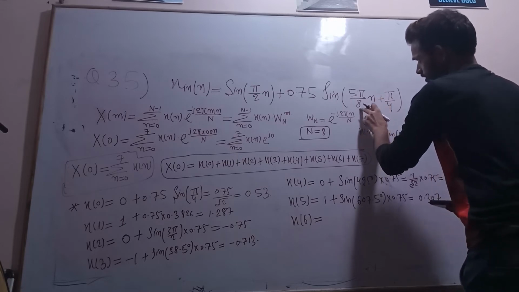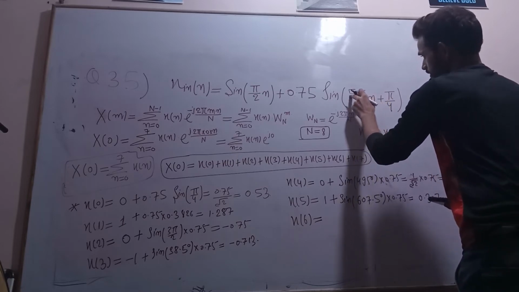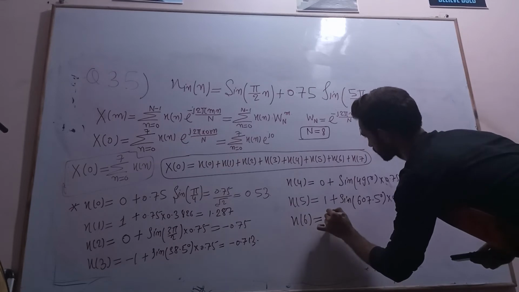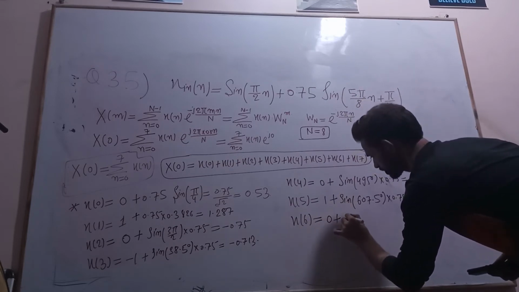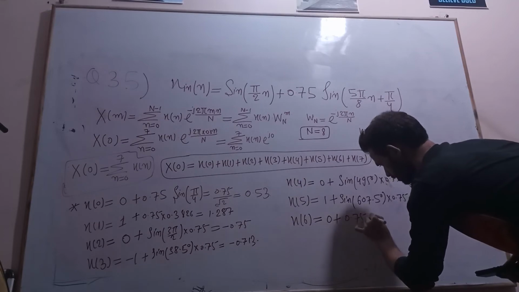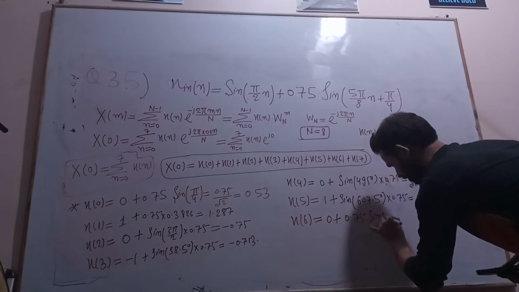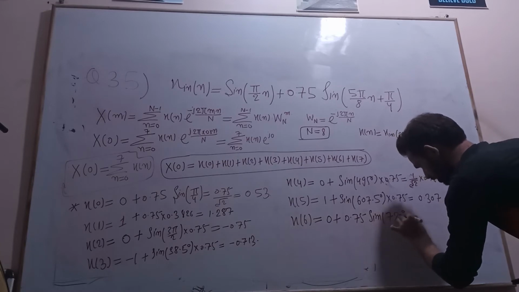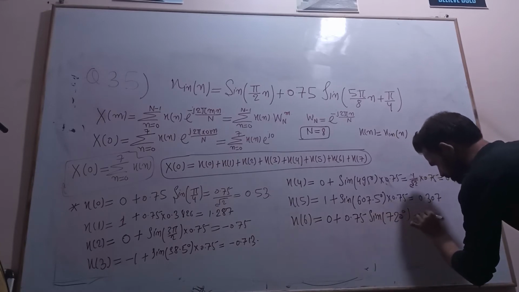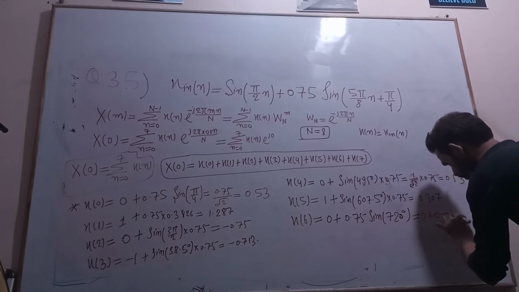Similarly x of 6: here you will get 0 plus 1.75 times sine 720 degrees, so 0 plus 0 is 0.